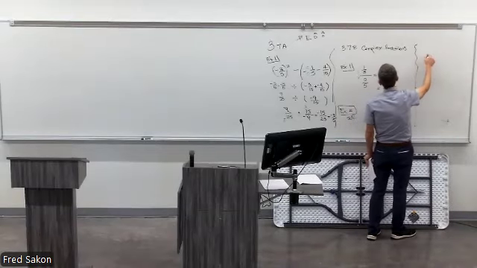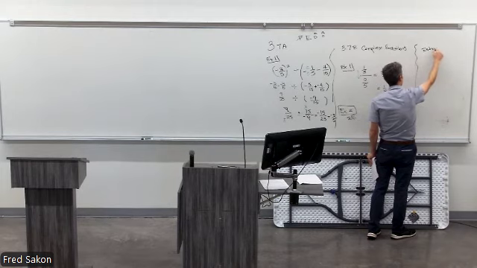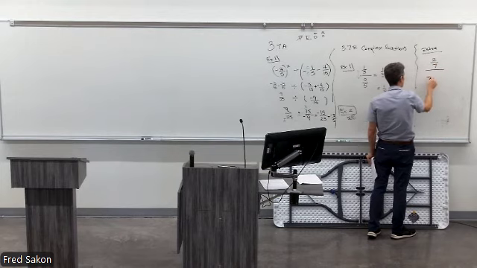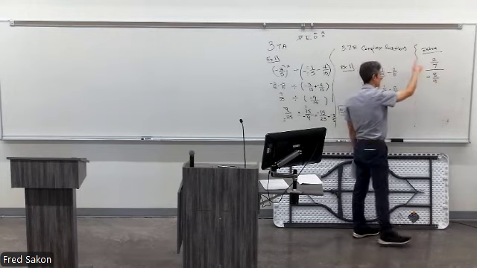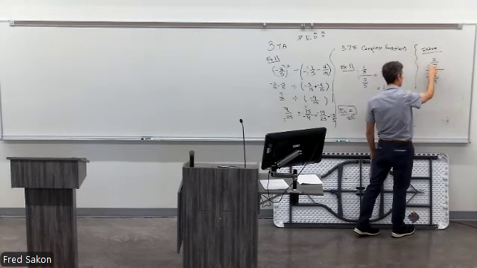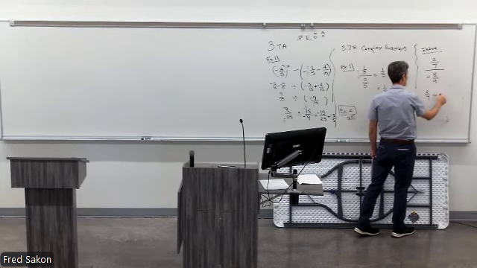suppose I had, the next, for example, 2/7 over -8/9. So we read it into a division problem, 2/7 divided by -8/9.